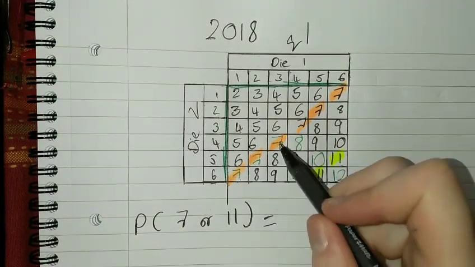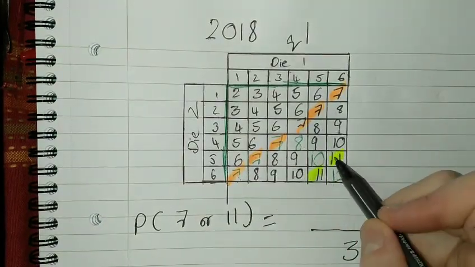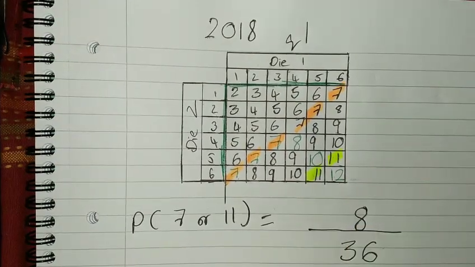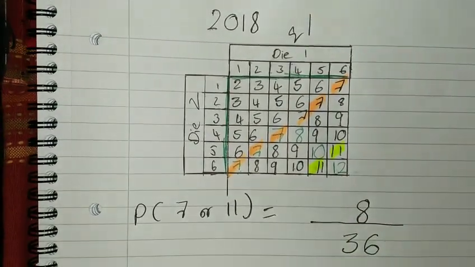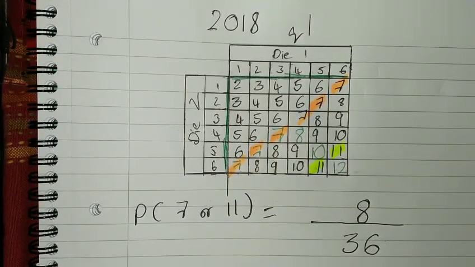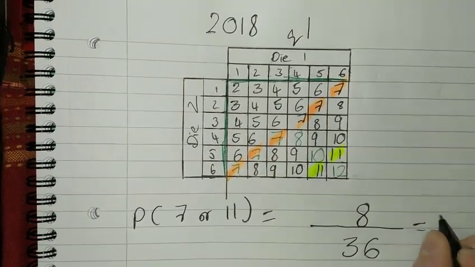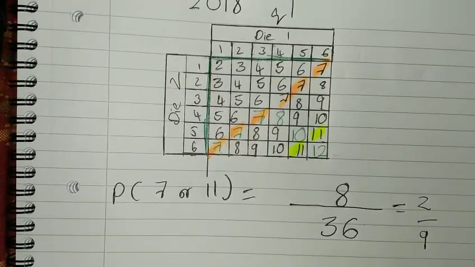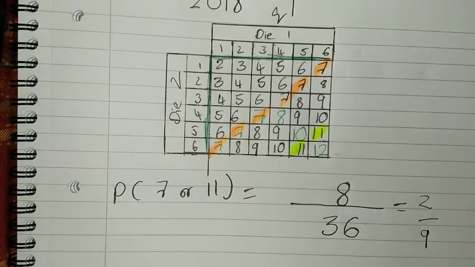Then there's 1, 2, 3, 4, 5, 6, 7, 8 that are either a 7 or 11. So it's 8 out of 36, which we could write as 2 over 9. So that's the probability of getting a 7 or an 11.